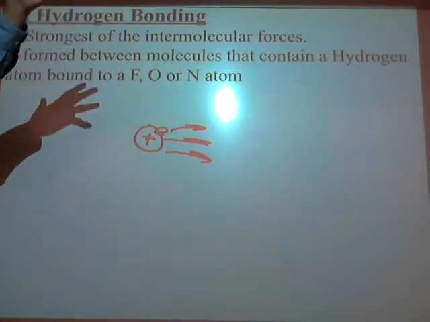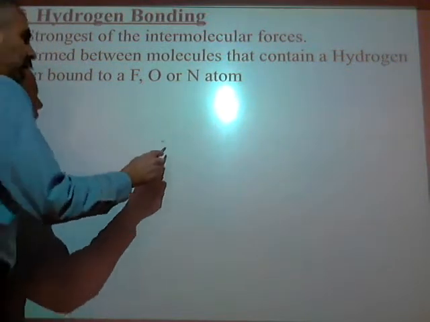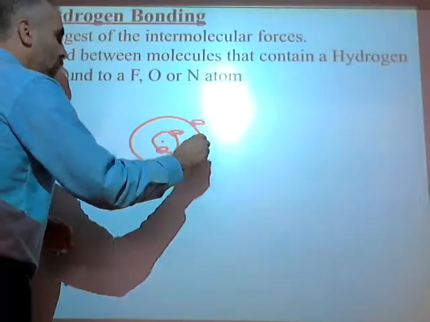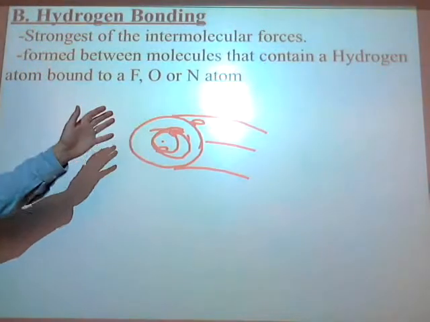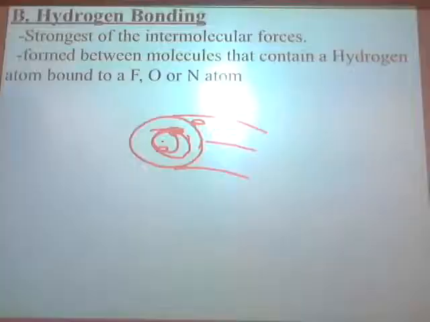Everything else after helium doesn't have this case. Anybody else after helium has at least 2 electrons down here, and then an outer shell that may have 1 or 2 or whatever. If it loses the entire outer shell, it still has some electrons absorbing some of the charge from the nucleus. That's not the case with hydrogen.